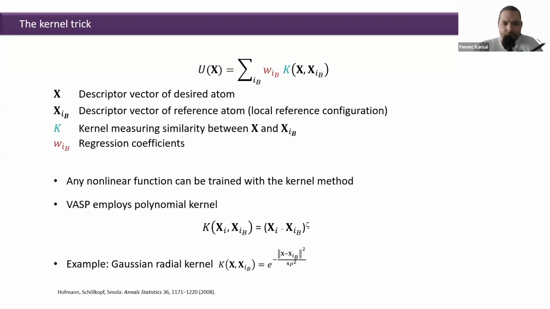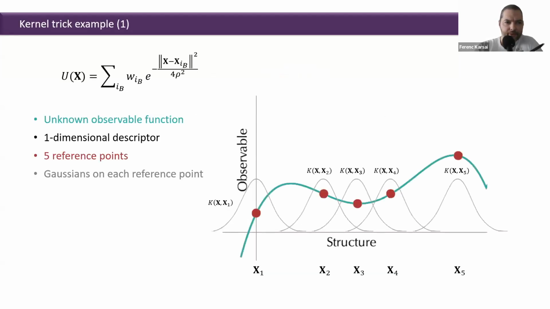So let's visualize a fitting procedure on a very simple example using this Gaussian kernel. And we do this for the total energy U here. So in green or blue, we have here the unknown observable. This is our function, or target function. Then we use here, as you see, a one-dimensional descriptor. We have 5 reference points where we know the exact value of the function.